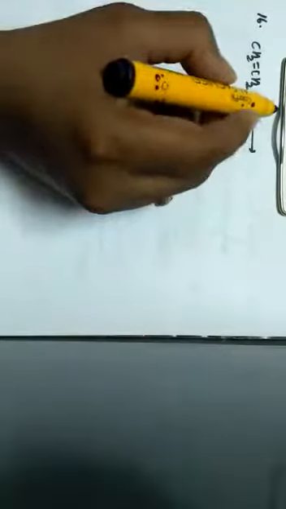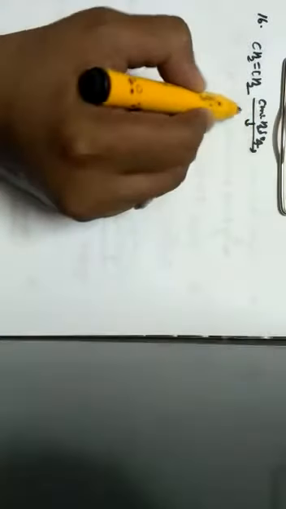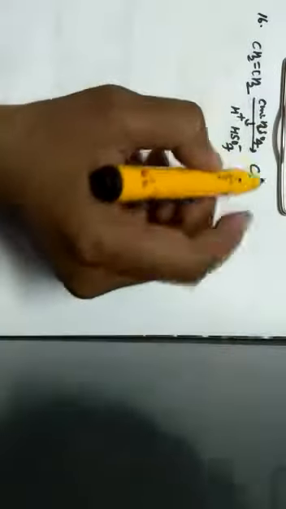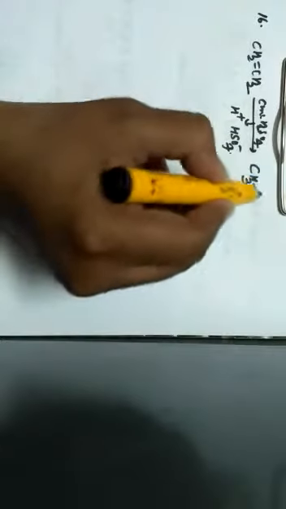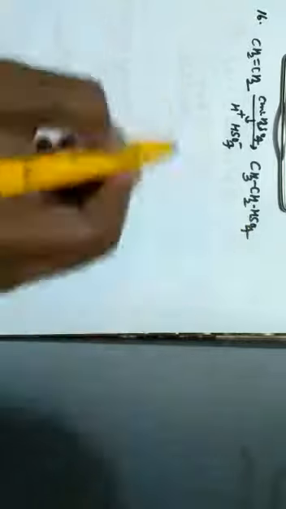Ethene has to be reacted with what? Concentrated sulfuric acid. So when ethene is subjected to concentrated sulfuric acid, here we know that sulfuric acid ionizes as H plus and HSO4 minus ion, where it can be obtained as CH3CH2HSO4.